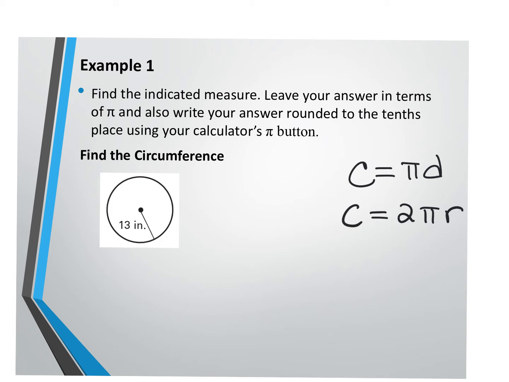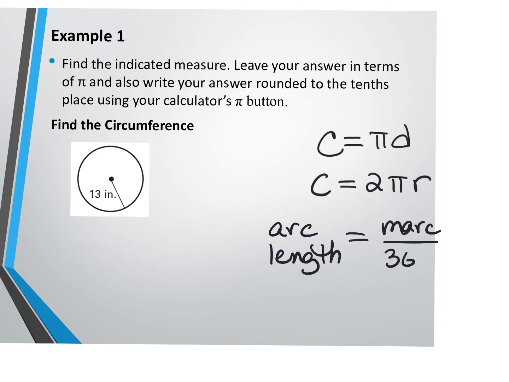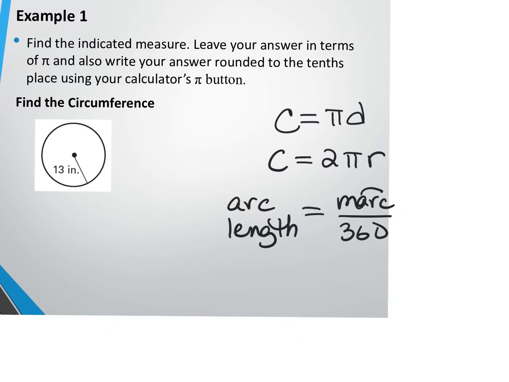Now, the other formulas that you needed to know were the formulas to find the measurement of the arc length. So for the arc length, what you're going to do is take the measure of the arc in degrees and divide it by 360, and then multiply it by some form of the circumference formula, whether they're giving you the circumference already calculated, or let's say they give you a diameter.